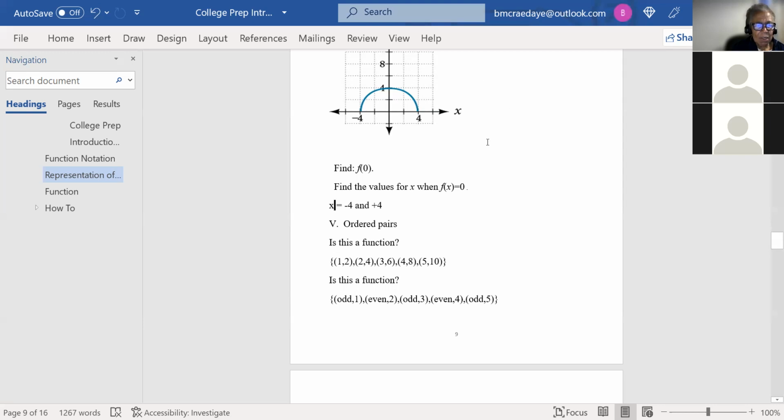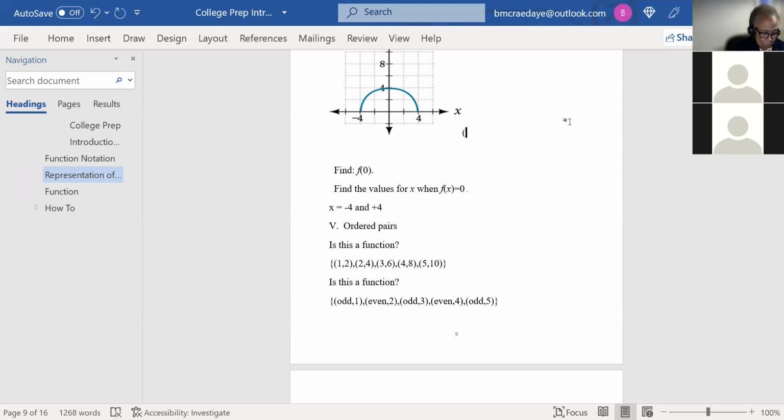Now, when you write the ordered pair, how would you write it? You'd write the X first, 2, 6. That's an ordered pair. And they're always in the format X followed by Y.